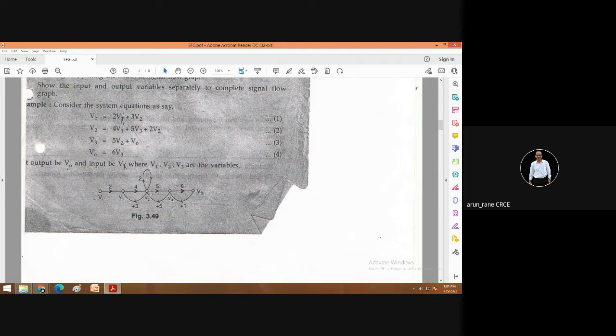Now V2 is equal to 4 V1 plus 5 V3, and V3 has gain 5 plus 2 V2. So you have to just go on. First you have to write the nodes Vi, V1, V2, V3 and VO.